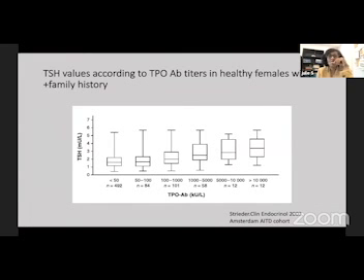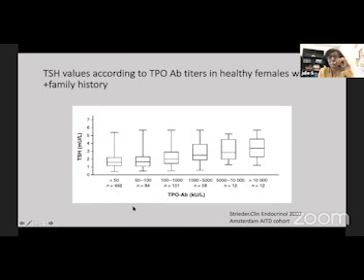Again, looking at a slightly different way of looking at the same data. These are about 800 euthyroid females, healthy females, who have a positive family history of autoimmune thyroid disease, and they were checked for peroxidase antibody titers. And these females have been grouped based on their antibody titers.